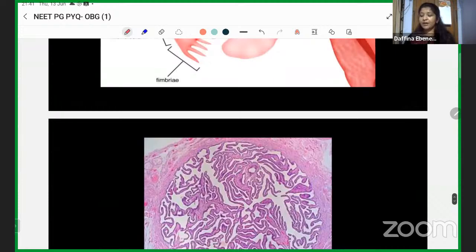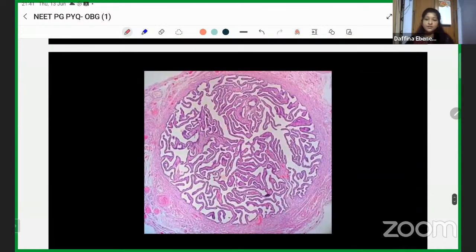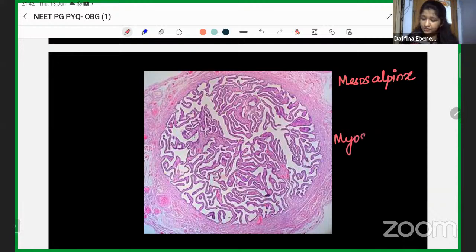One extra edge about the histopathology of the fallopian tube. There are three layers. Okay. One is the mesosalpinx, myosalpinx, and endosalpinx. Mesosalpinx is nothing but the serosa.